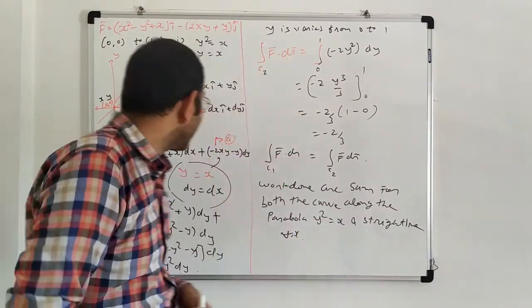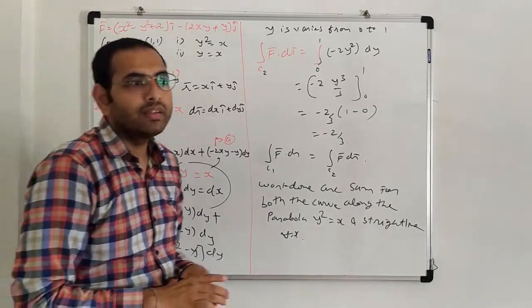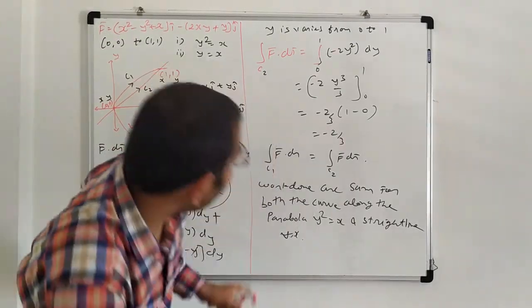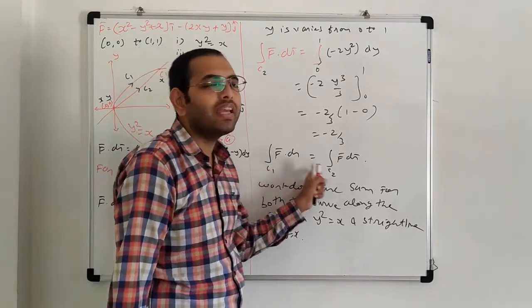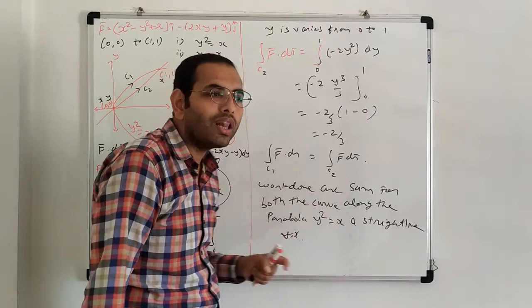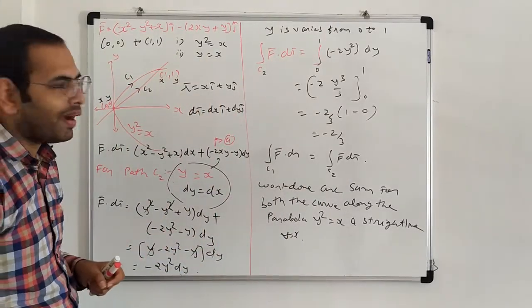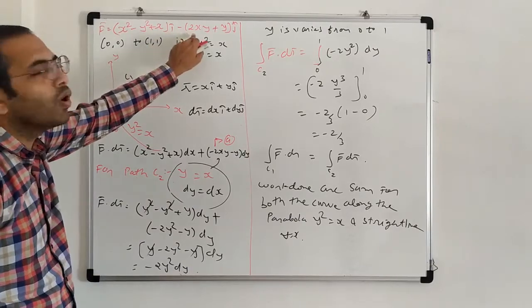That means it is independent of path. If the work done, or the integral of f bar dr, is the same in all paths, then we can say that it is independent of path, which means curl f bar equal to 0.